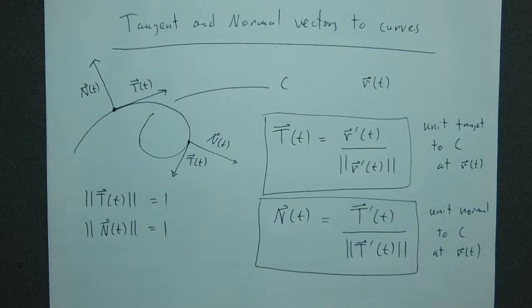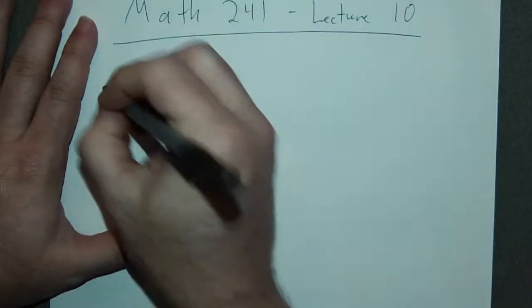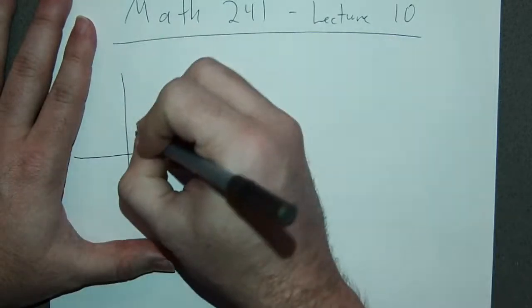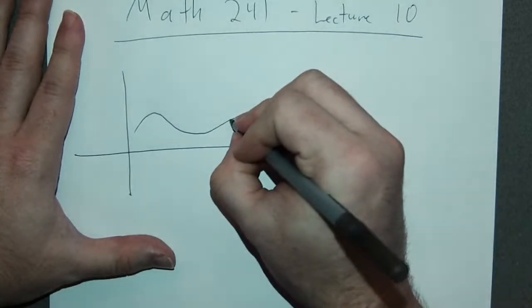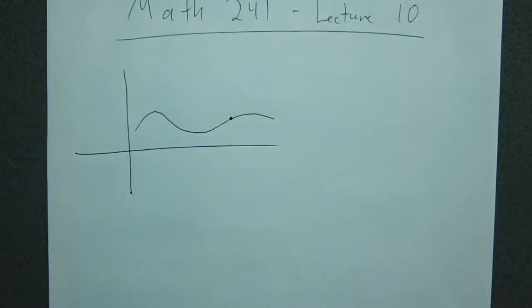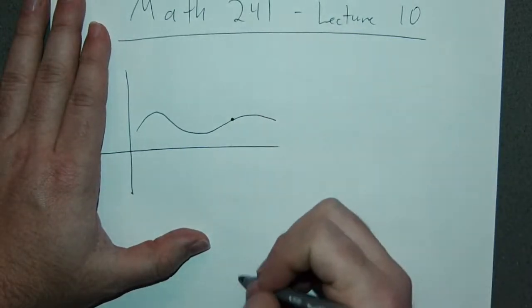So if I go back to Calc 1 world, in Calc 1 we were interested in questions like find the tangent line, right? This is literally the main thing that Calc 1 was concerned with, and applications of this fact. So find the tangent line to the graph of this function at this point.